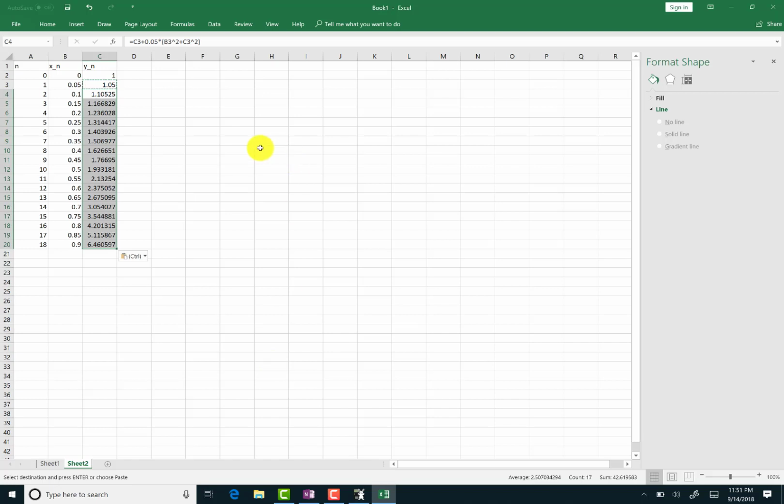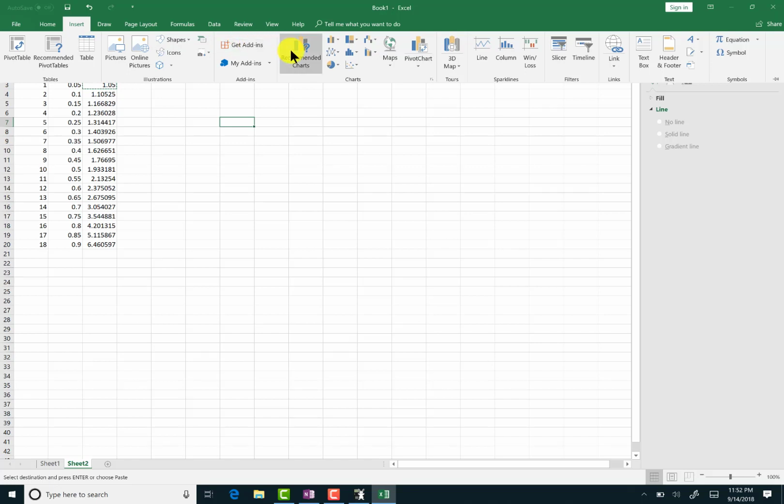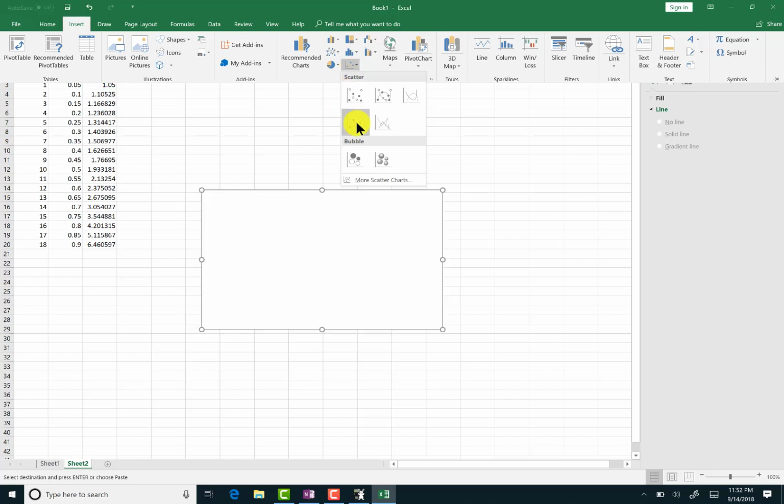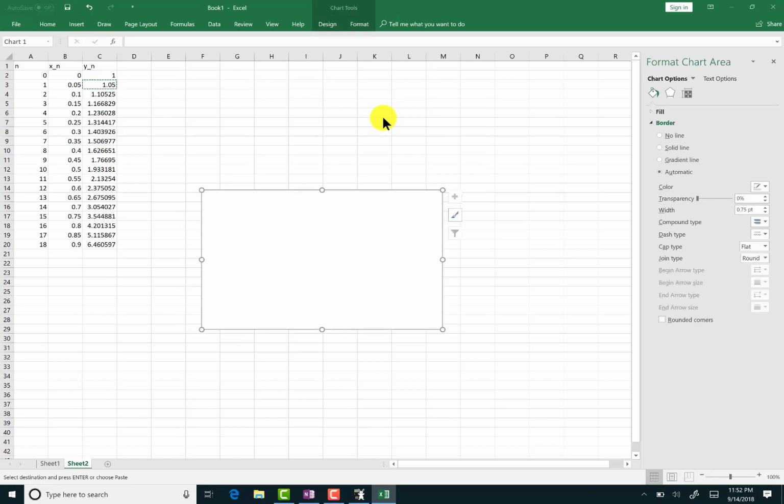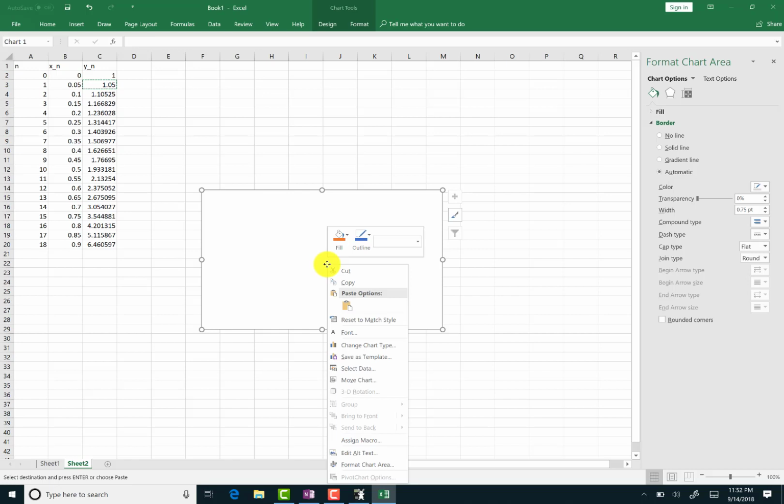If I actually want to see something of a curve, I'll insert a chart. In this case, it says recommended charts. I don't care about that. I'm going to pick a scatter chart. It really doesn't matter. I don't think I want the dots to be on there because they're big and bulky. I'm just going to use the ones that have straight line connectors. And now what you've got to do is tell it what your data is going to be. So you select your data.